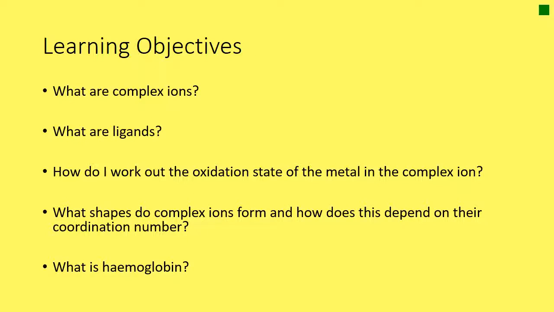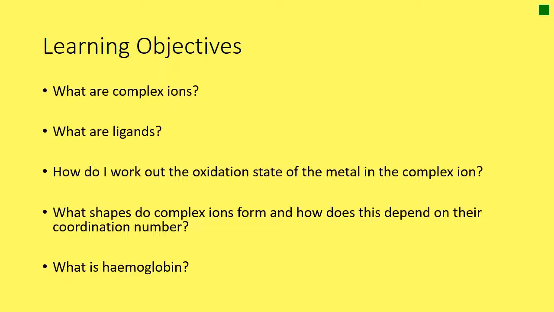So our learning objectives for this video lesson are, firstly, we're going to learn what complex ions are, and then we're going to look at a species called ligands. We're going to find out what they are, and then we're going to look at complex ions, and in the middle of a complex ion is going to be a metal ion, and we're going to work out the oxidation state of that metal.